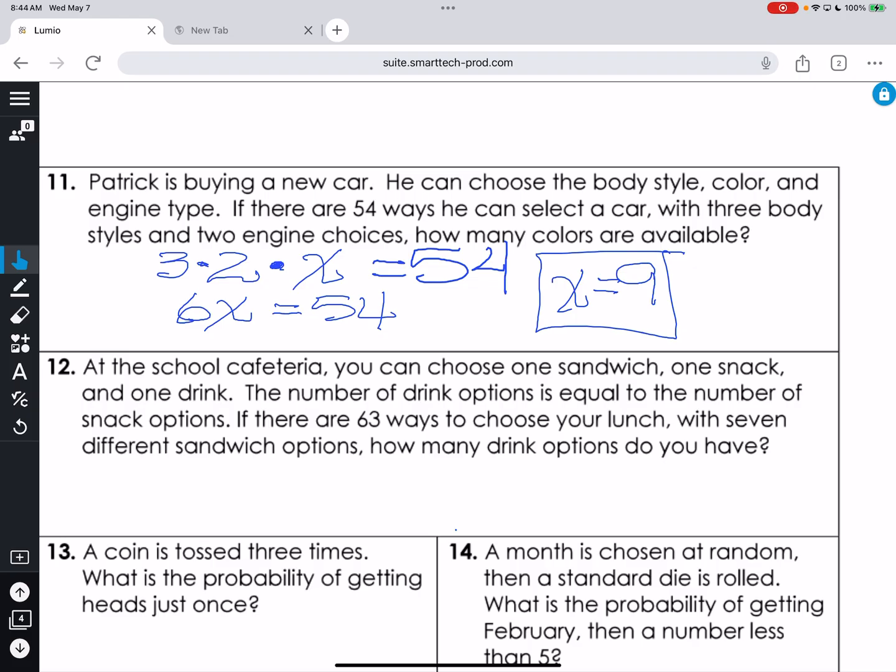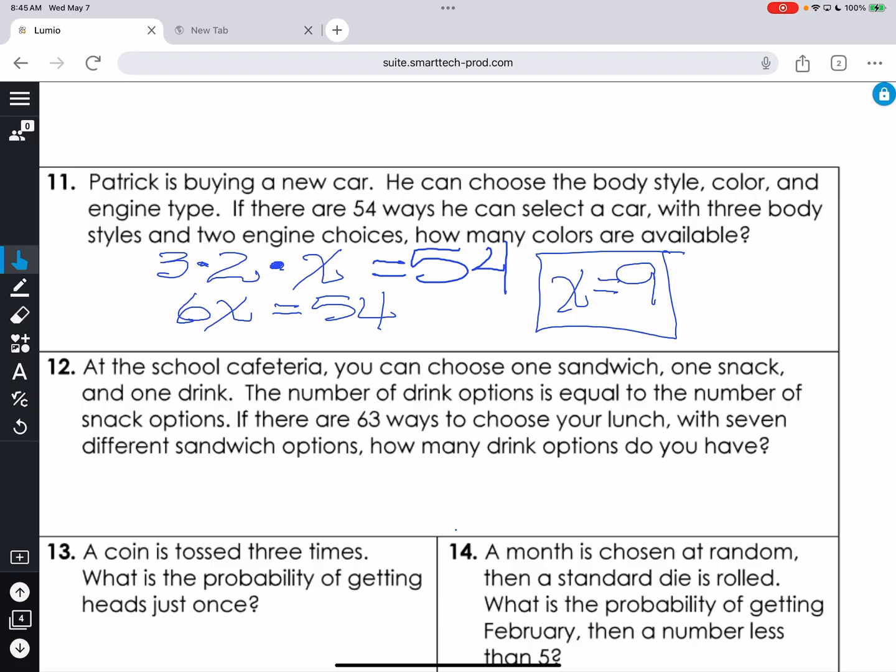We're looking at how many drink options. So, what does the whole thing equal? 63.